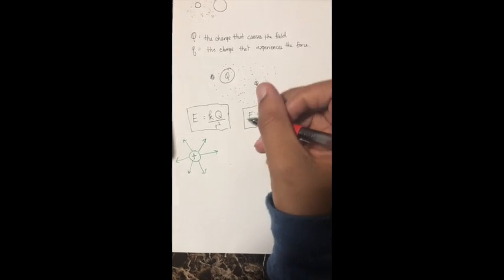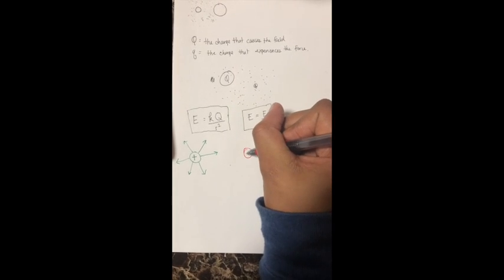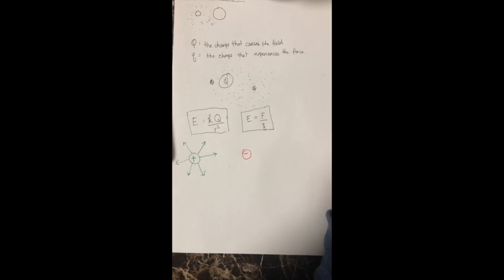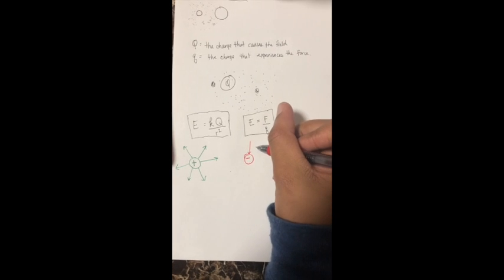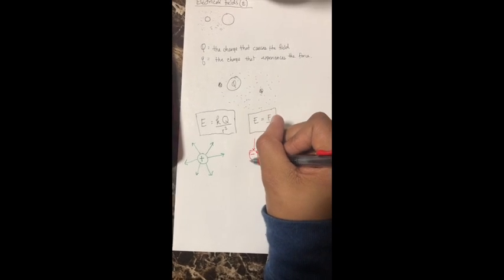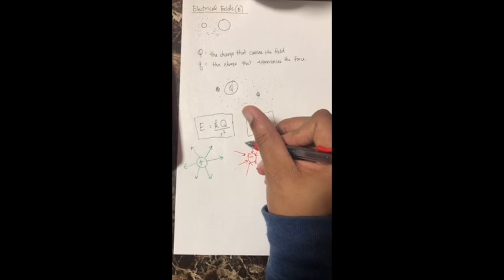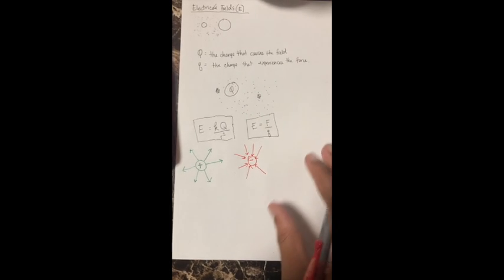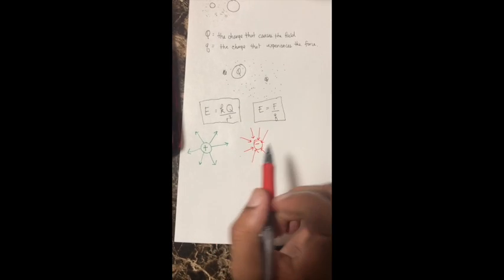And for a negative charge, what do you guys think happens? The field points into the particle. So remember that. And this is when we're talking about positive and negative charges.